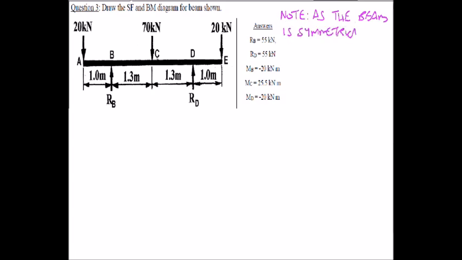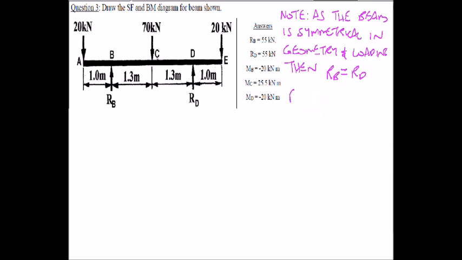is symmetrical in geometry and loading, the loading applied is symmetrical as well, then the RB must equal the RD. They must be exactly the same, and they're basically going to be half the applied loading.